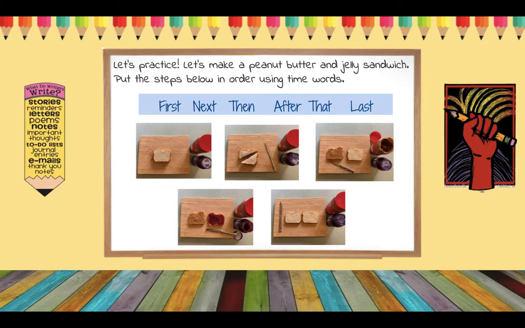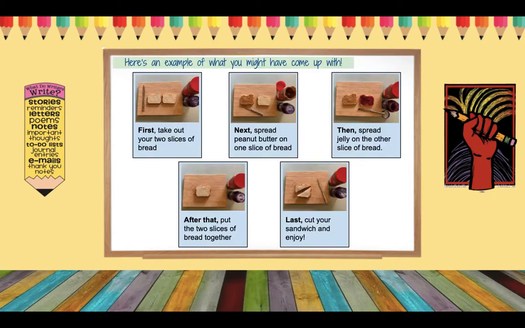Let's see an example of what you might have come up with. So, if Miss Anissa wrote, how do you make a peanut butter and jelly sandwich? This is how I'm going to use my time words. First, I take out 2 slices of bread. Next, I spread peanut butter on 1 slice of bread.